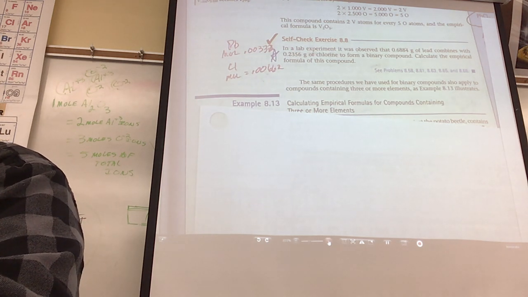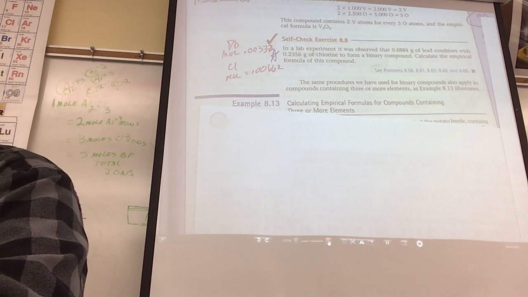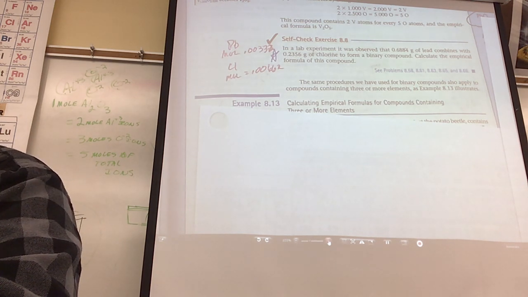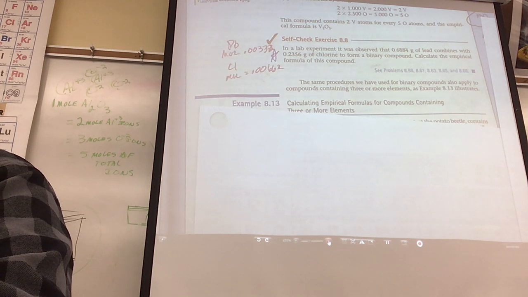Now remember 3 sig figs, those first 2 zeros don't count, right? Anyway, so you then divide by the smaller and lead is gonna be 1, and what's chlorine gonna be? 1.99, so 2. And so what is the final answer then?